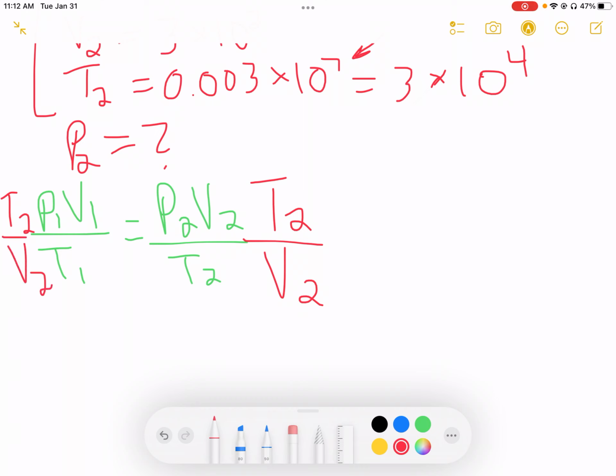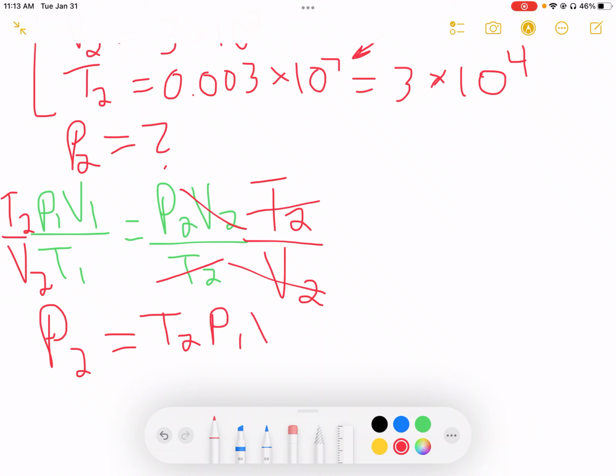If I'm multiplying both sides by the same thing, they're going up and down together. So that T2 is going to cancel with this T2, and that V2 is going to cancel with the V2. So I'm left with P2 finally, and then I'll have T2 P1 V1 over V2 T1.